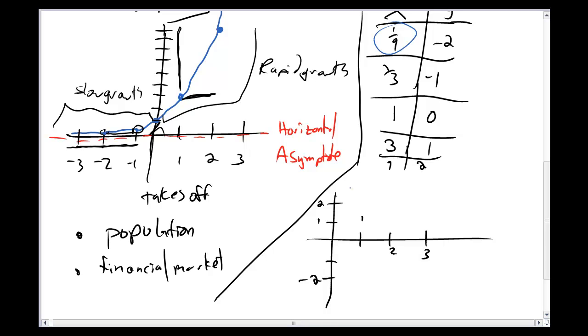When my x value is 1/9, so I'm somewhere like here, I'm down at a y value of -2. When my x value is 1/3, so I'm a third of the way along on the x value, I'm at the point -1. When my x value is 1, I've got the point 0, so this is an x-intercept.